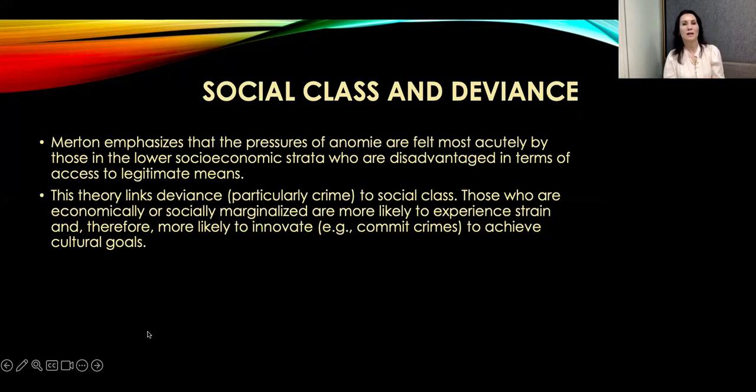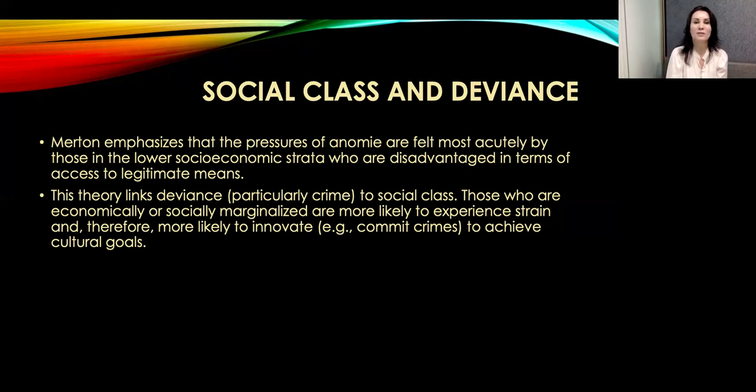So Merton emphasizes social class, and the conflict between classes is more explained in Karl Marx's conflict theory. However, Durkheim and Merton also pay attention to social class and how it affects the level of deviance, or who can be deviant in society.